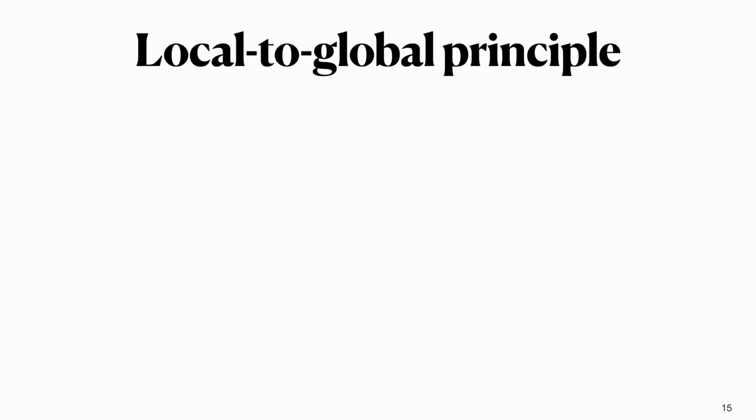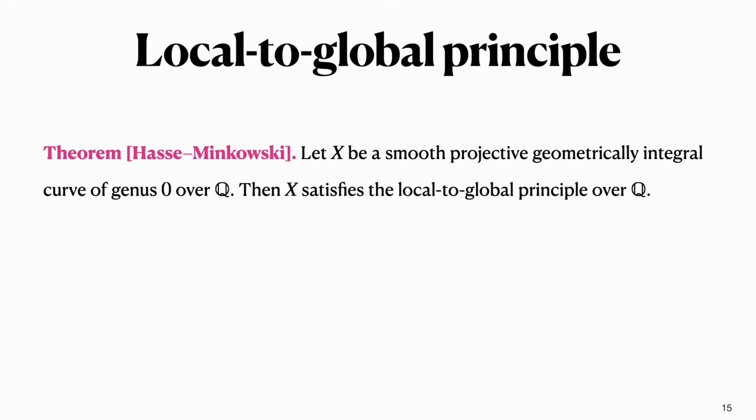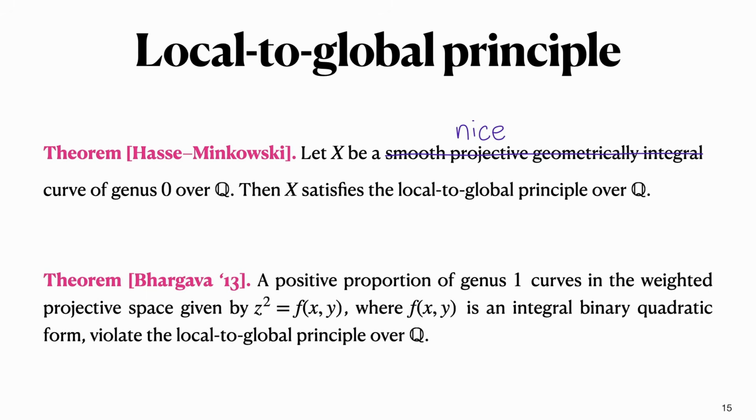So the results that we have collected are first Hasse-Minkowski, that now I have written more in terms of curves. So if you take a curve that is smooth, projective, geometrically integral, better known as a nice curve, this is actually a term. So if you take a nice curve of genus 0 over Q, think of a conic, of a quadratic form, then the curve satisfies the local to global principle, always. And we have seen this elliptic curve that does not satisfy the local to global principle, but here is another very striking result.